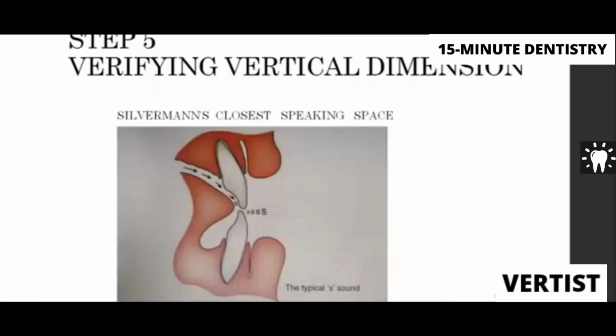Now you have recorded the vertical dimension of occlusion with the help of Niswonger's method, but you're going to verify it with some other method: Silverman's closest speaking space. Now, what is Silverman's closest speaking space?